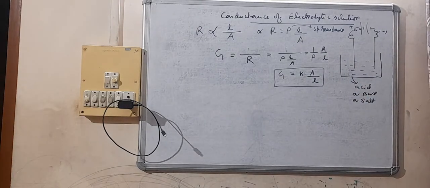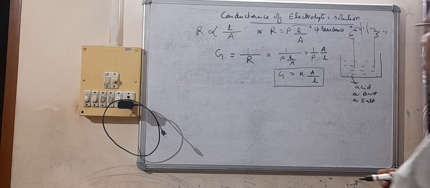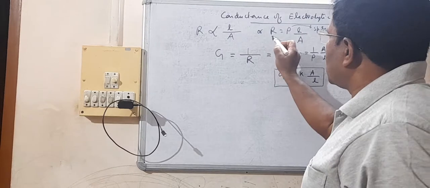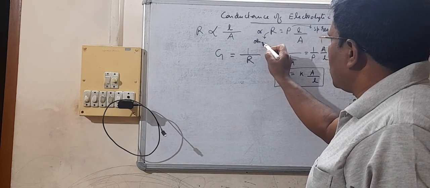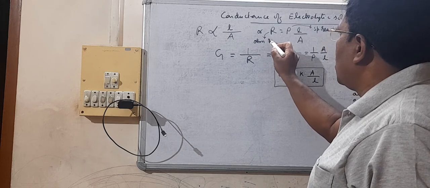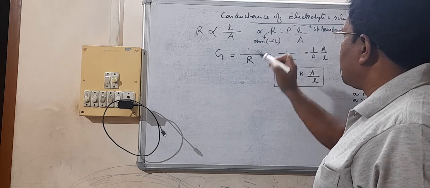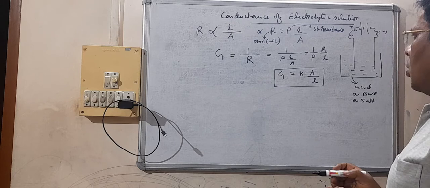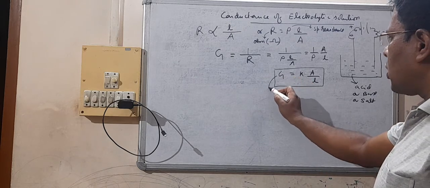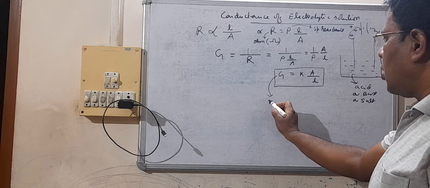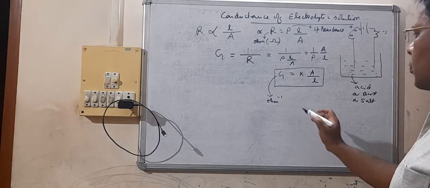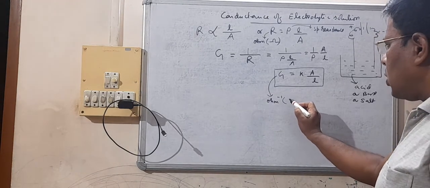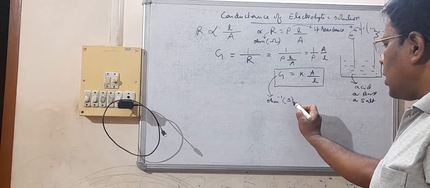Okay, now let me talk about unit. The unit of resistance is ohm, whose symbol is this. So the unit of conductance will be per ohm. Per ohm is also the same as Siemens.